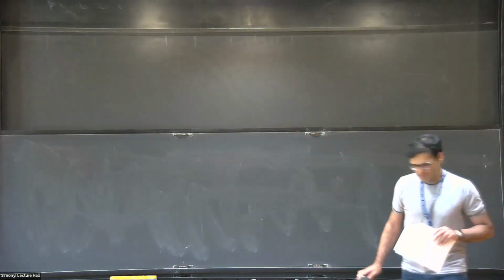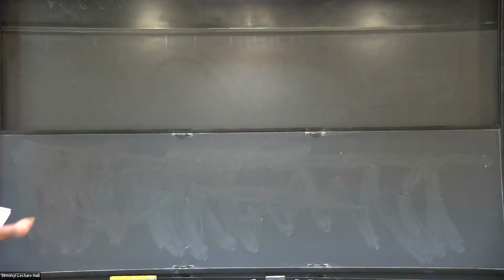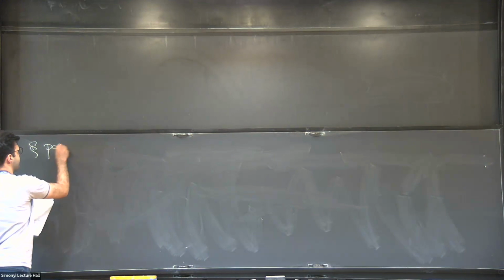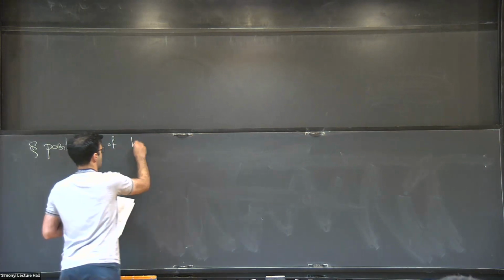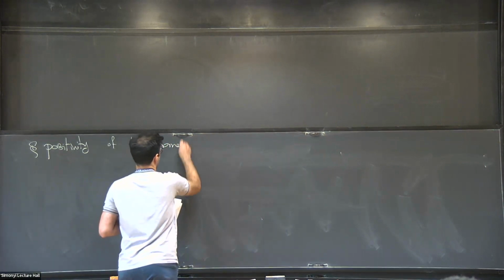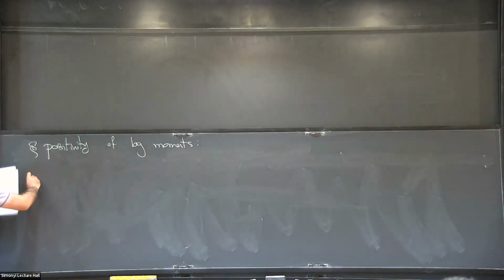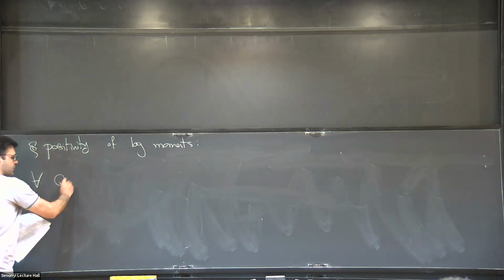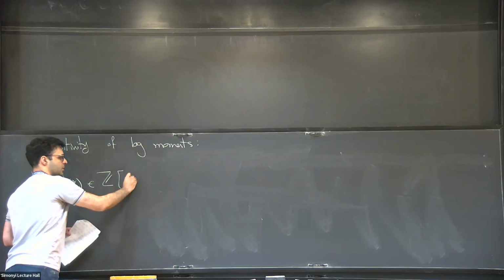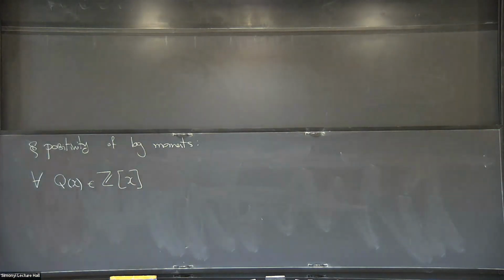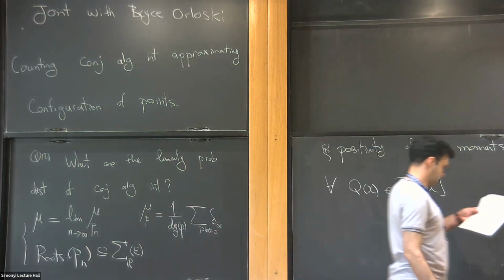Okay, so let me write down the condition here. It's a positivity of log moments, which is basically the following. For every test function q in Z[x], so not necessarily a monic polynomial. These are monic. We're interested in the roots of monic polynomials, but this one is not necessarily monic.